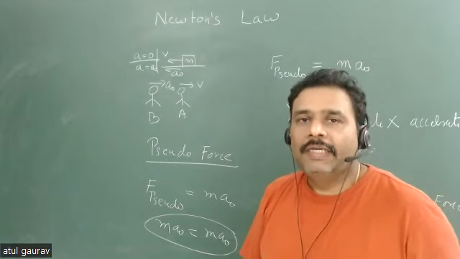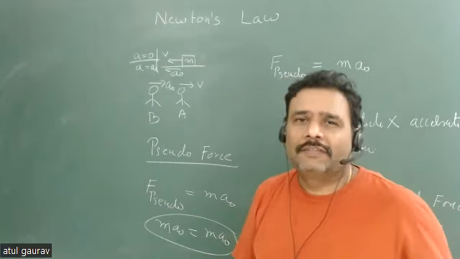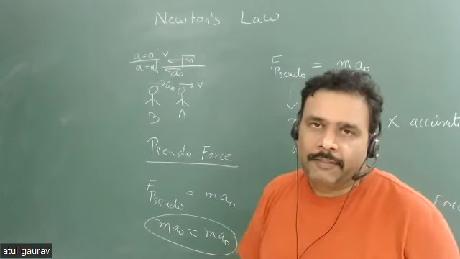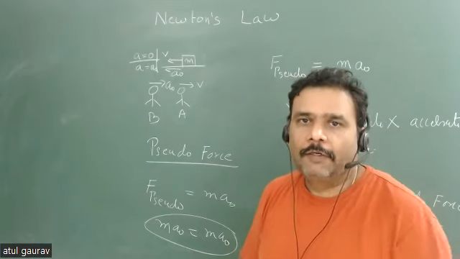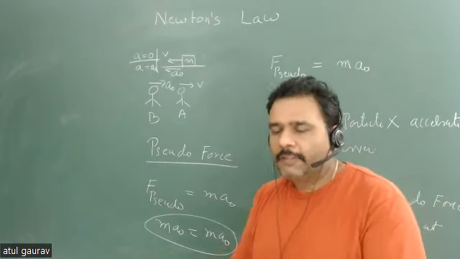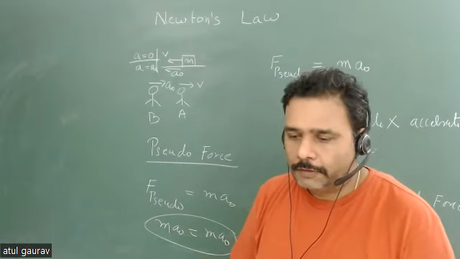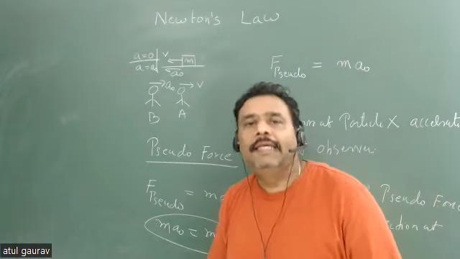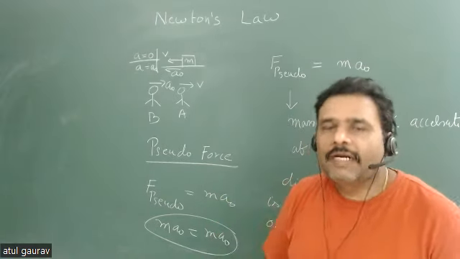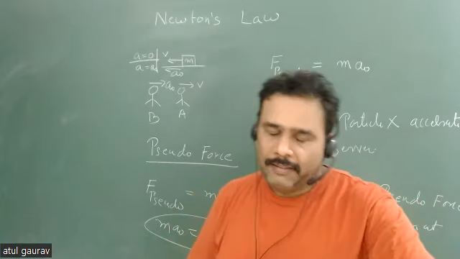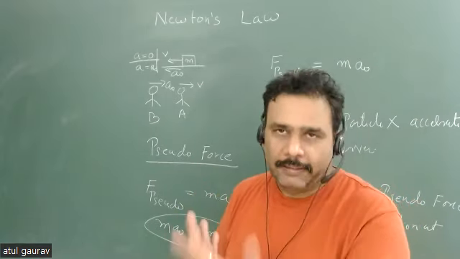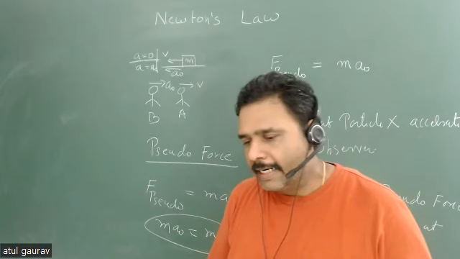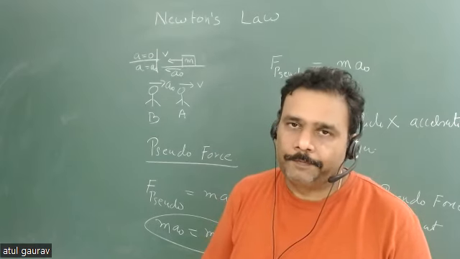You are just assuming that some pseudo force, some fictitious force, is either pulling or pushing the particle in the opposite direction of the observer with the same acceleration as the observer, and obviously mass into acceleration is that pseudo force. This is a very interesting force, and it will make your life very easy when you have a situation where the observer has some acceleration. Then you can use this type of force very easily and solve the problem.